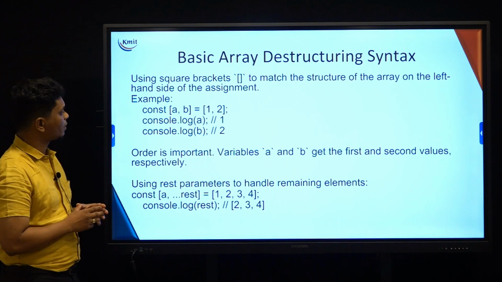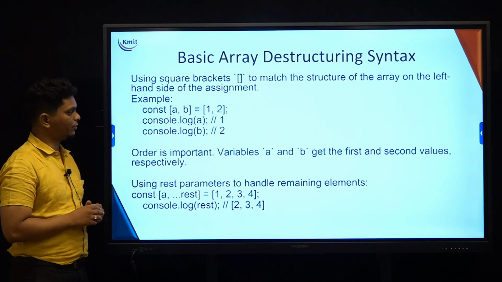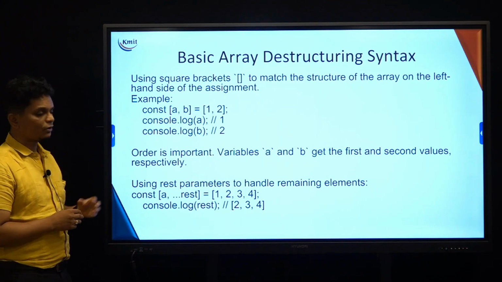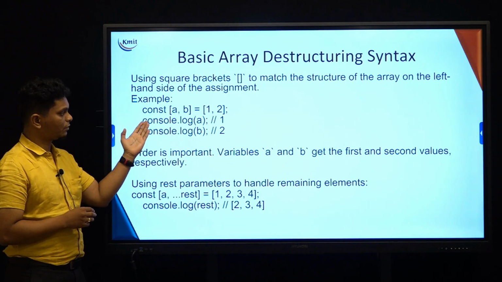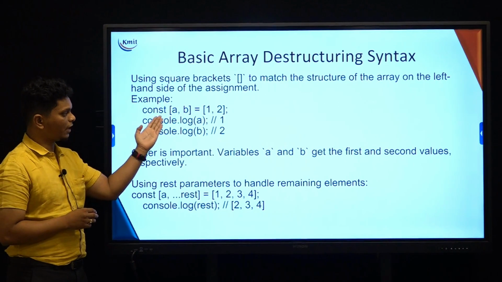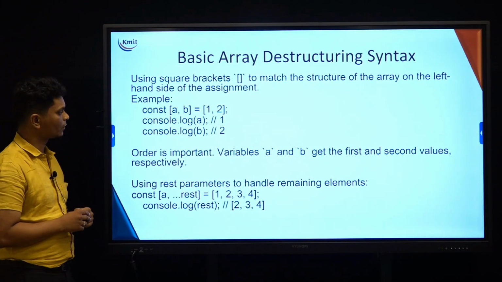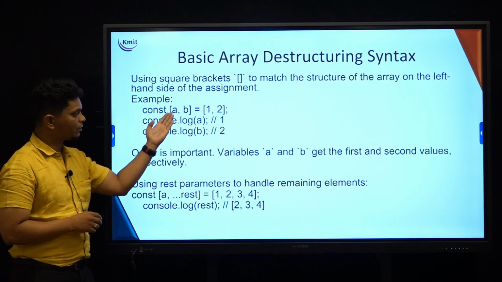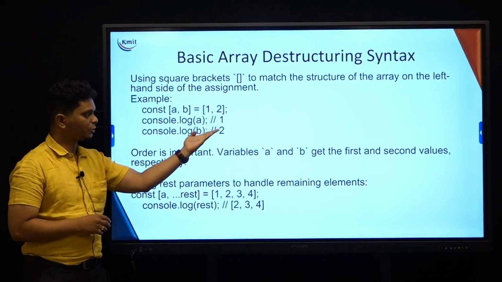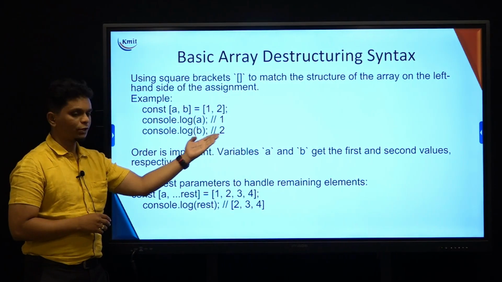So, if you observe the example over here, we have a constant variable of array and whose values are 1, 2. When we try to print the respective values, we will get the respective values 1 and 2.